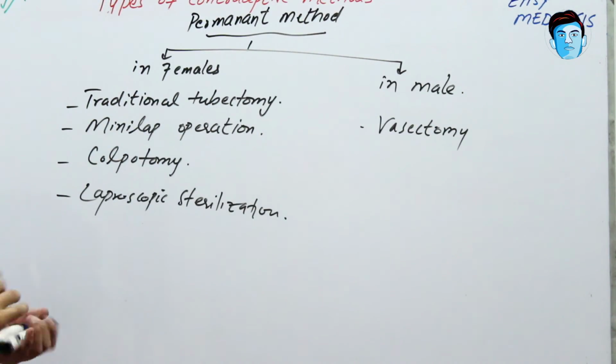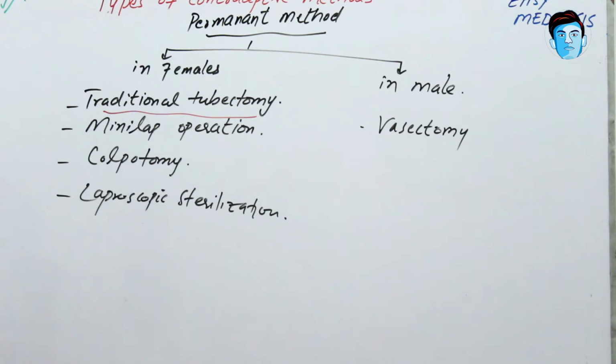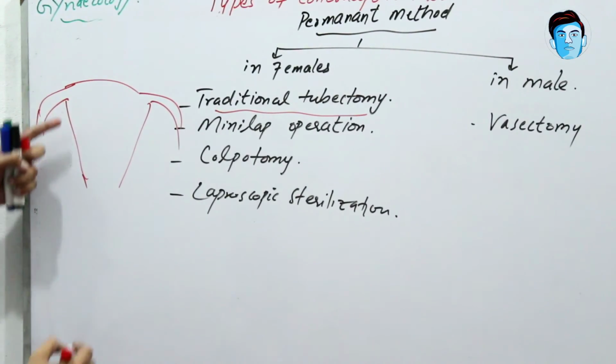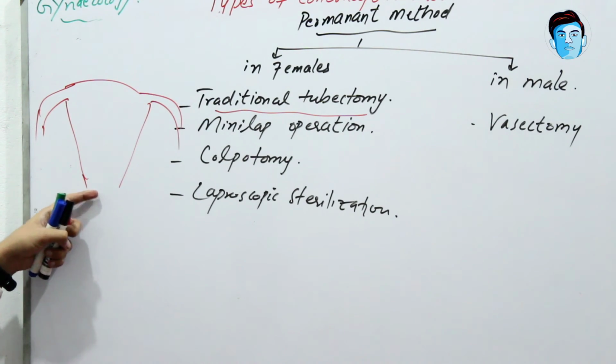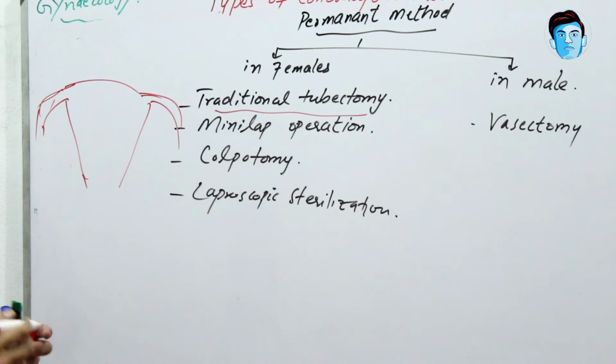So in traditional tubectomy, what happens? We prevent pregnancy by removing and ligating the fallopian tube of the female. As you know, the female reproductive system consists of various parts: this is the uterus, this is the cervix and vagina, and this is the oviduct, also called the fallopian tube.